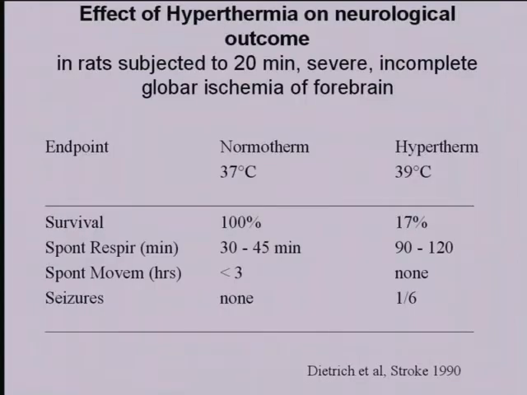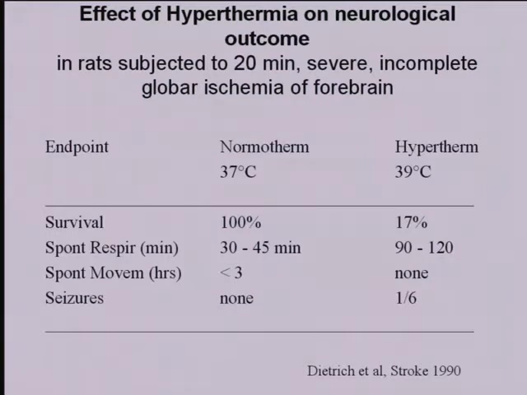Next slide. In an animal experiment, it was clearly shown when rats were subjected to 20 minutes severe ischemic conditions at normothermia, 37 degrees, or at hyperthermia, only 2 degrees more. The survival was 100% in normothermia and only 17% in hyperthermia, 2 degrees warmer.